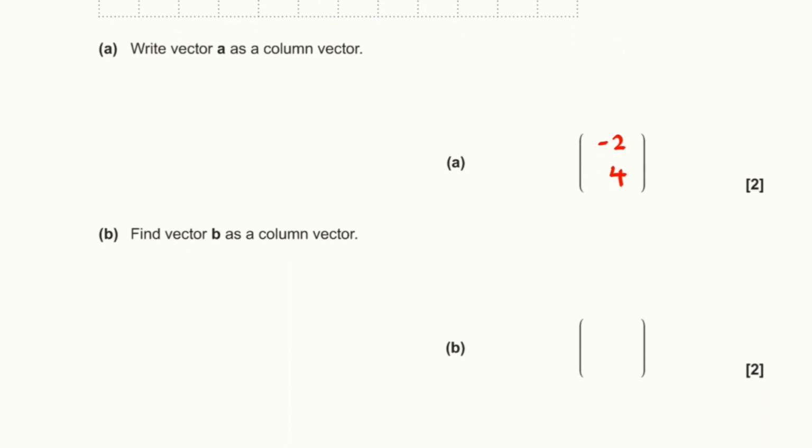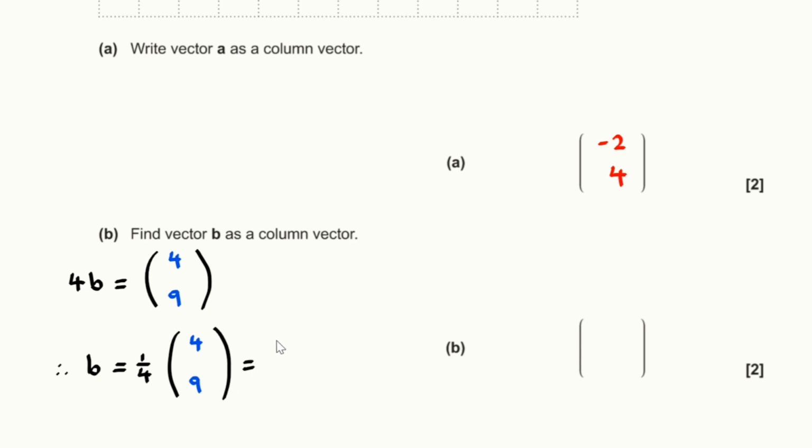So what you can see here is 4B is equal to the vector (4, 9), and therefore 1B is equal to 1/4 of (4, 9), which is (1, 9/4).